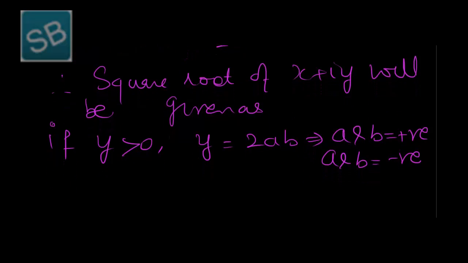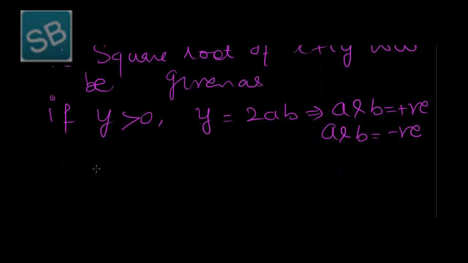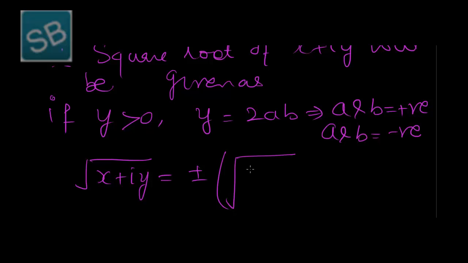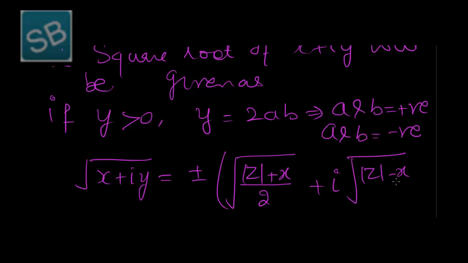So in this case, the square root of x plus iota y will be plus minus, under root of mod z plus x over 2, plus iota under root of mod z minus x over 2. That gives either positive values of a and b or negative values of a and b.